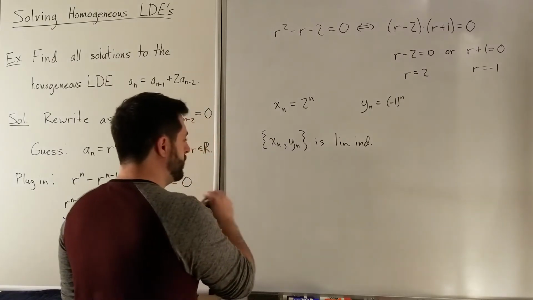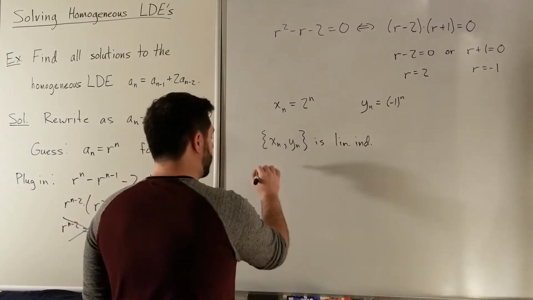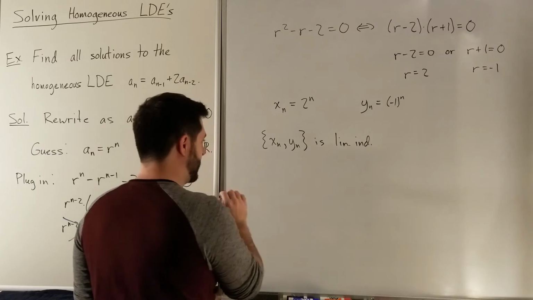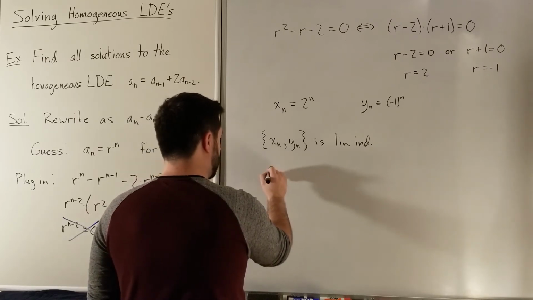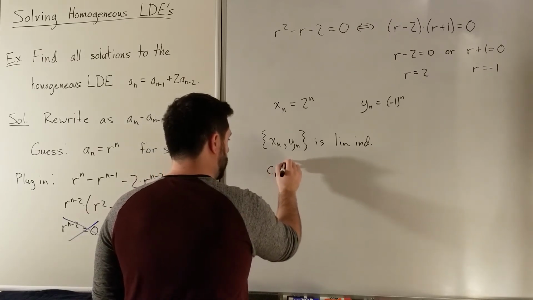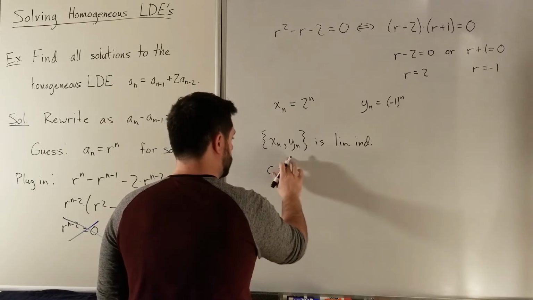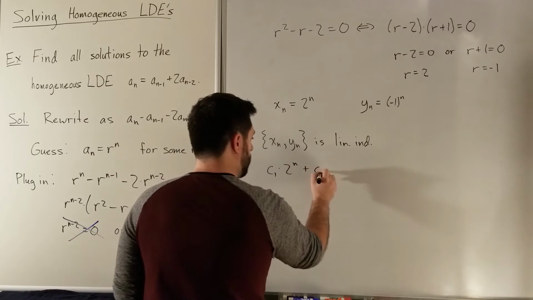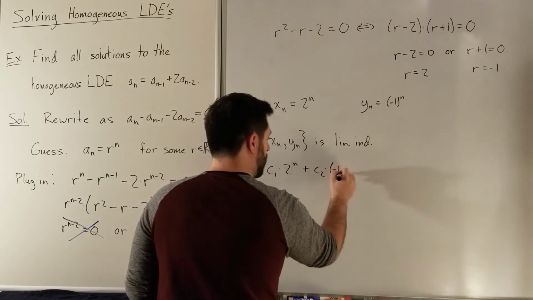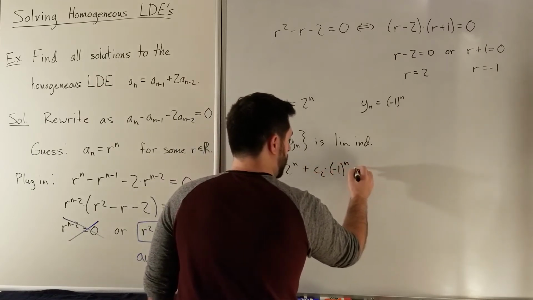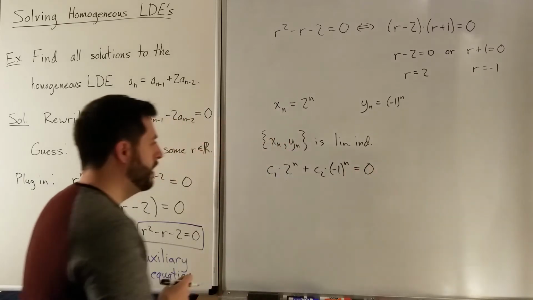So I'm going to show that this is linearly independent by saying let's take C1 times the first one plus C2 times the second one equal to 0.